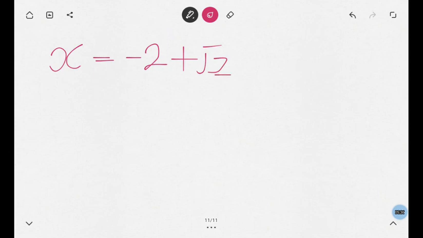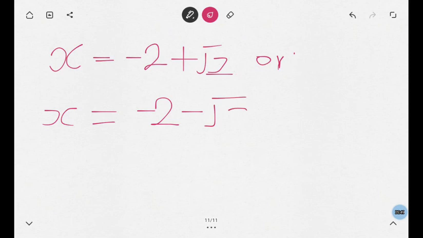So we further simplify this as x is equal to minus 2 plus root 2, or your x is equal to minus 2 minus root 2.